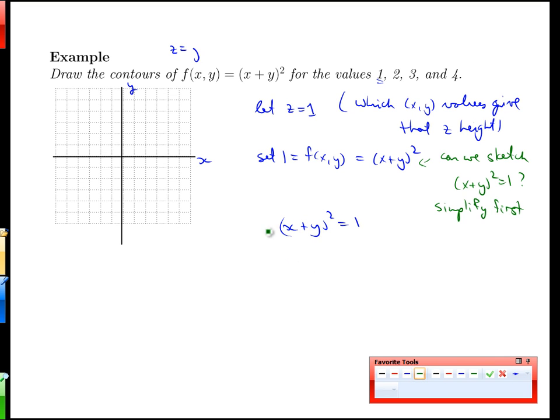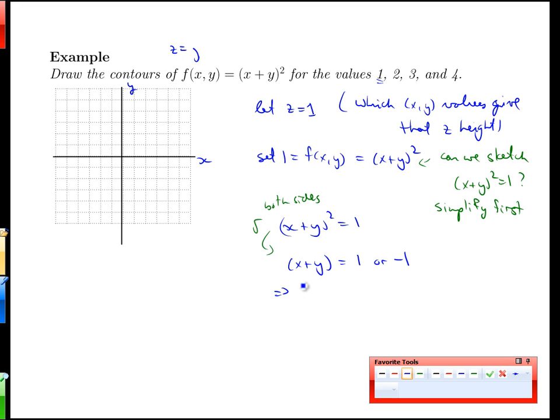x plus y all squared equals 1. Well, let's take the square root of both sides. We're going to end up with x plus y on the left. On the right, we could end up with 2 roots, 1 or negative 1.